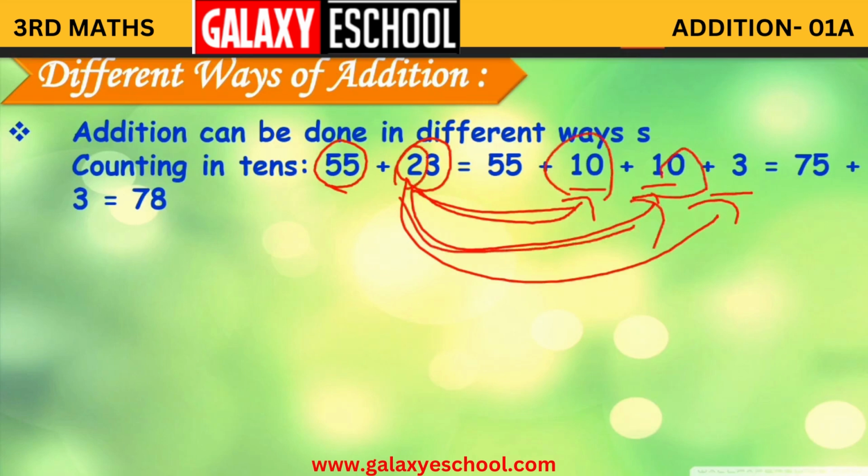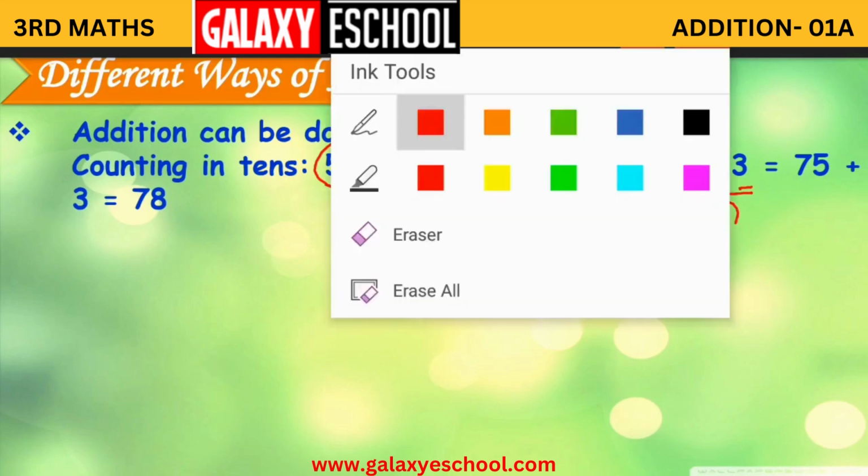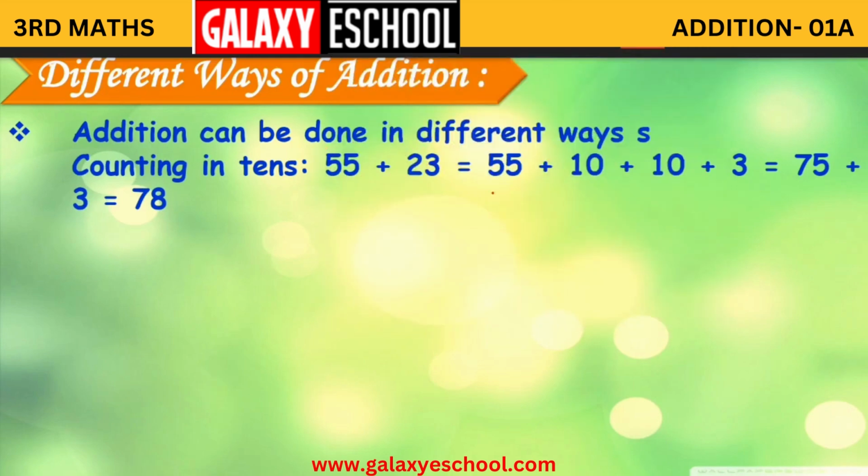We are having 2 in the tens place, which means we have 2 tens. 10 plus 10 becomes 20, and then we have 3, right, children? Why did we split up? It becomes easier to add in tens.